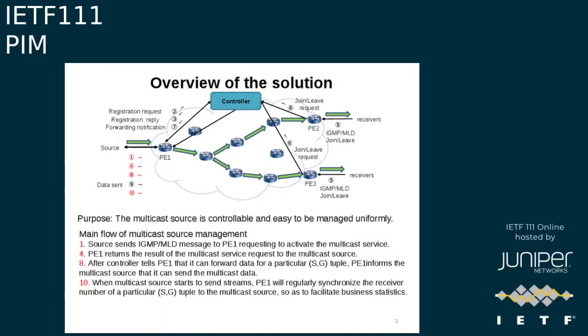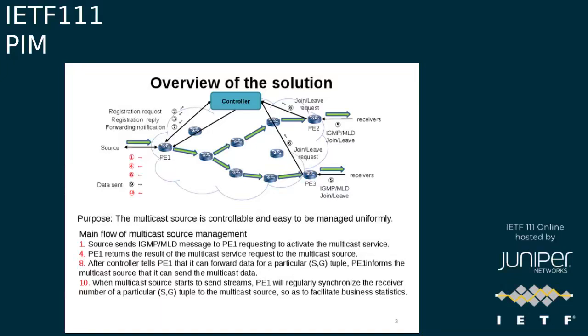Step 2, the ingress router sends the request information to the controller. Step 3, the controller feeds back the authentication results. Step 4, the ingress router sends the authentication result to the source with the newly defined multicast source registration message. If the authentication succeeds, the multicast source waits for the router to notify it to send data.